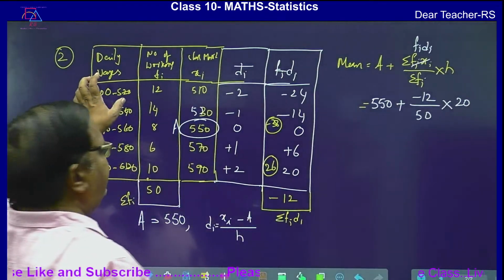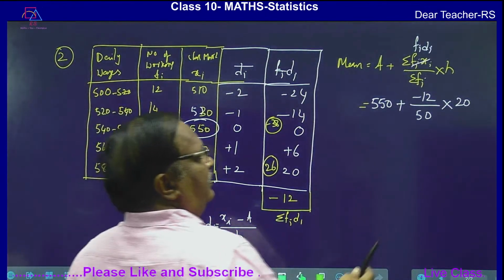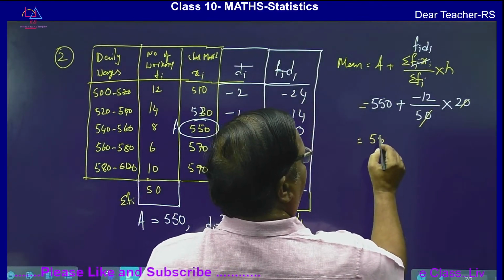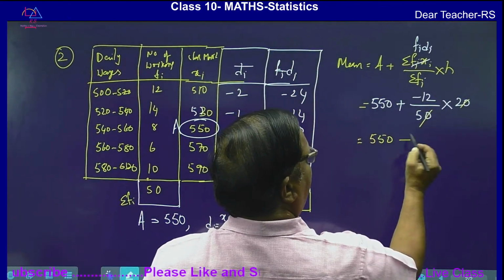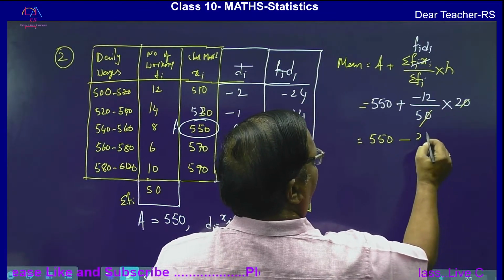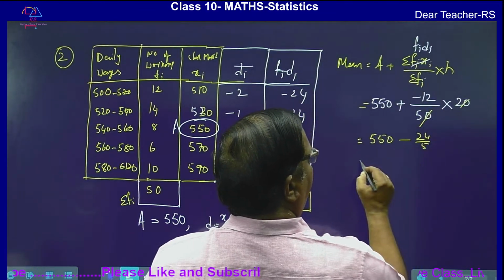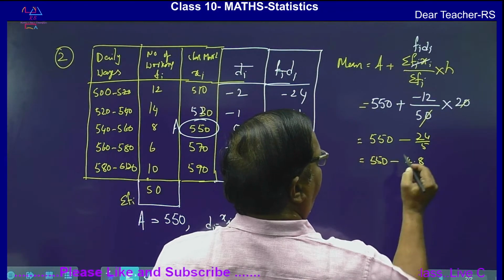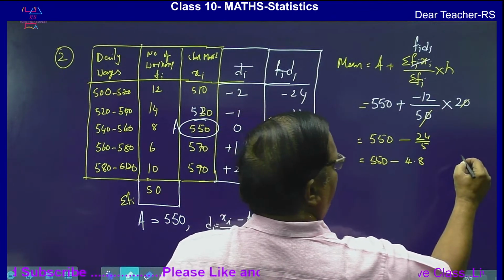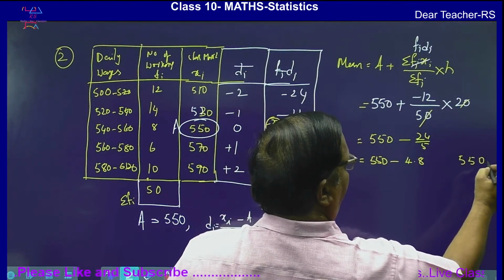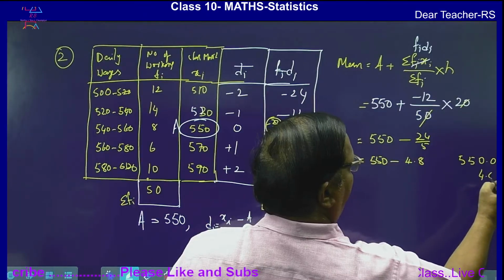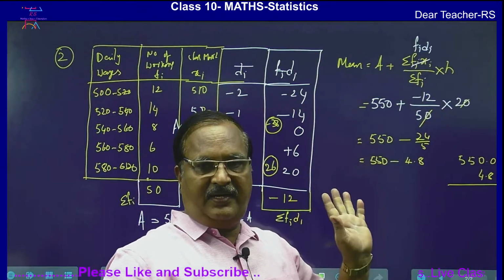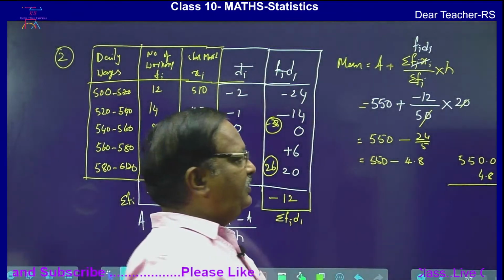Height is the difference of the limits. So now the 0 and 0 will get cancelled. 550 plus, into minus, minus 12 into 2, that is 24 by 5. So 550 minus 4.8. You have to be very careful; most people make mistakes here, 50 minus 48. So then how much?